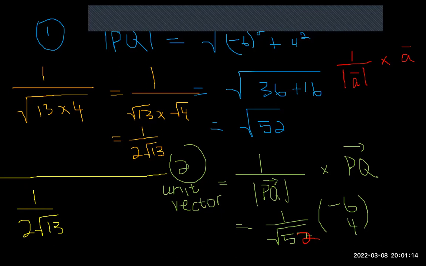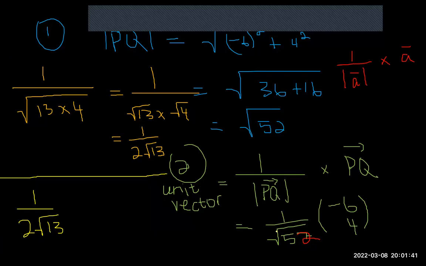Because this question specifically asked for the simplest surd form. Hold on, let me get my calculator. So instead of leaving it as the square root of 52, this can actually be simplified further to give me 2 root 13. That's what I was explaining up here. This is the simplification. Some calculators actually give it to you, right?